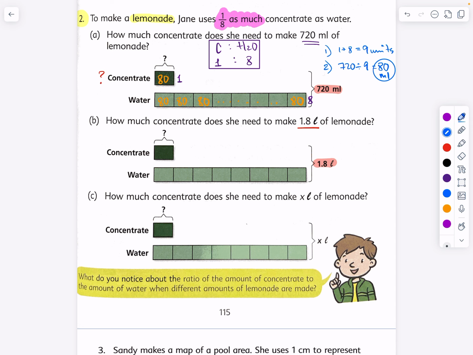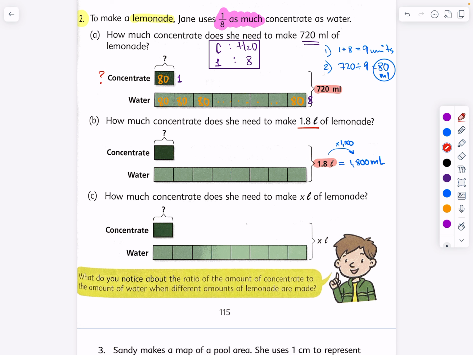Let's recall 1.8 liters is the same as 1,800 milliliters. Now, you don't have to convert it to milliliters. I think the math is simpler. You don't have to deal with division by decimals, but you can keep it as liters and work with decimals.